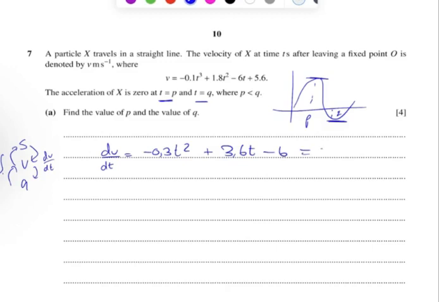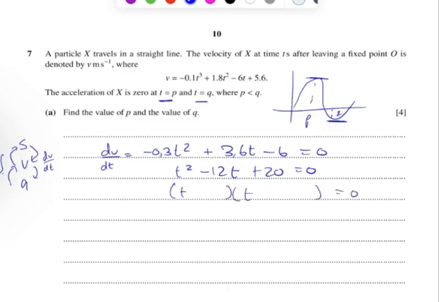That's now equal to 0, so where my derivative is equal to 0, that is where the acceleration is 0. Okay, I'm going to divide everything by minus 0.3. Just because I don't like the minuses and I don't like the fractions. Okay, so now we can easily solve for this.